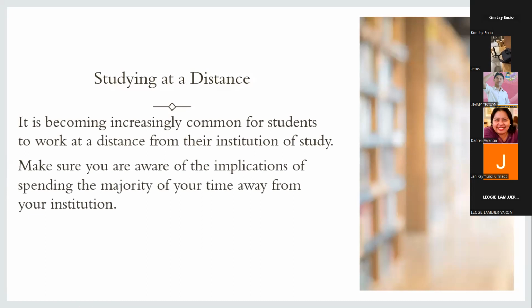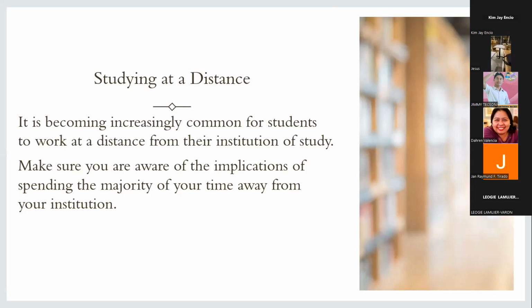And there are actually implications, unfortunately. For example, not all the reference books or references would be available online or have an electronic copy. So that's one of the disadvantages of studying at a distance if you're looking for references. Although most papers are being published, those papers are not necessarily complete.